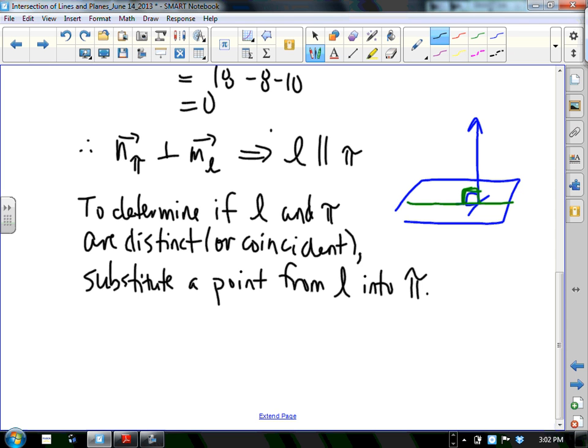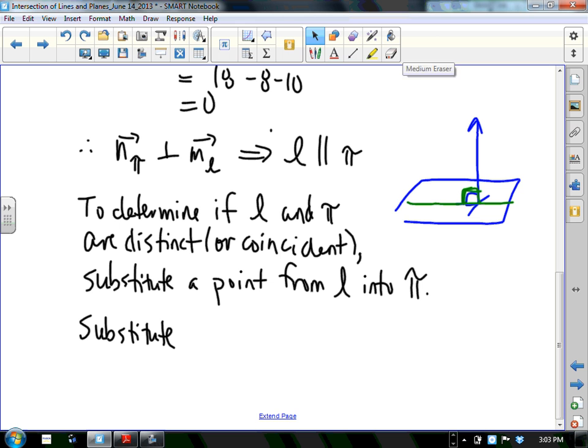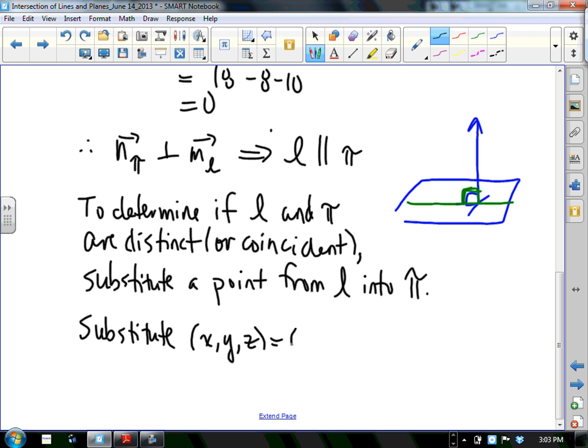So we're going to substitute the point (x, y, z), and I'll use round brackets here, equals (2, -1, 5).